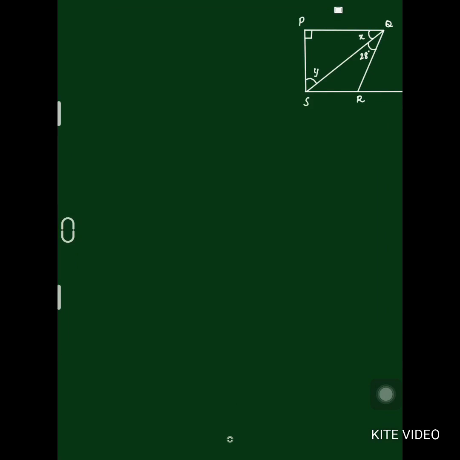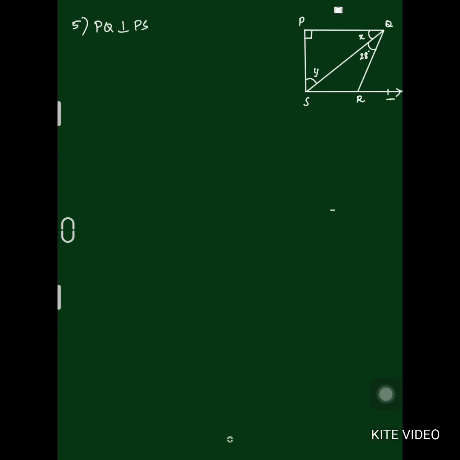Let me move on to the fifth question. Here, what is given? PQ is perpendicular to PS. Then PQ and SR are parallel.